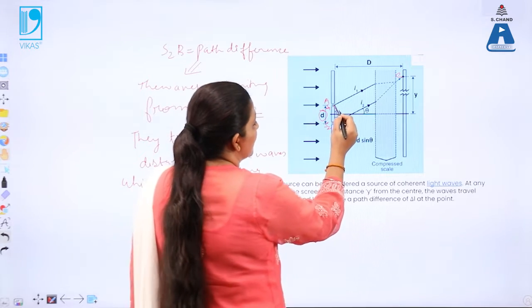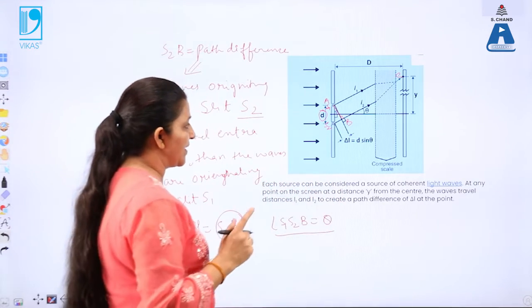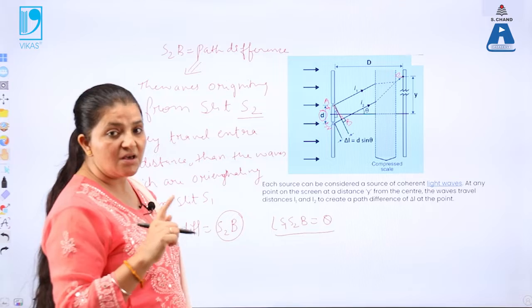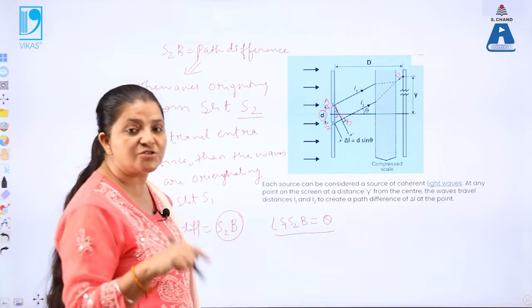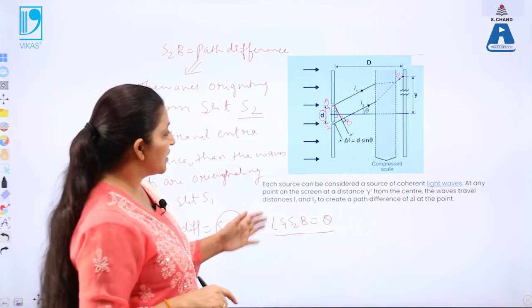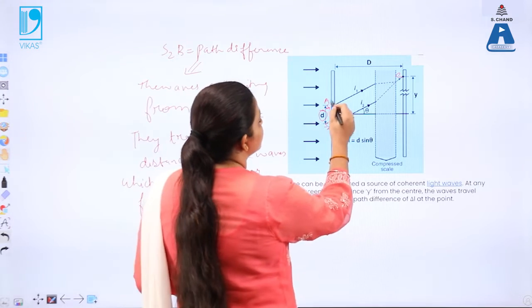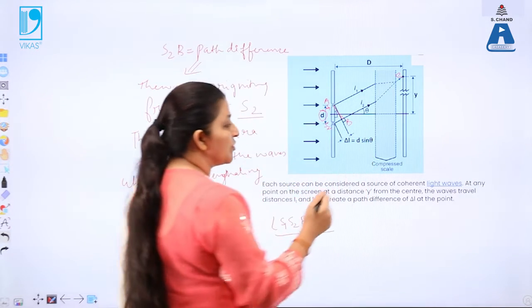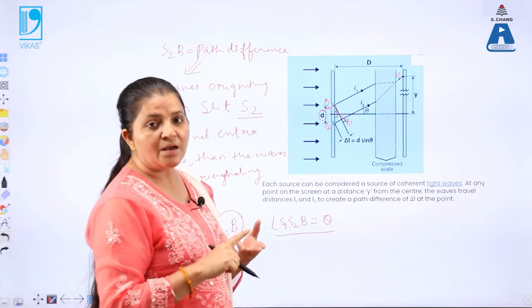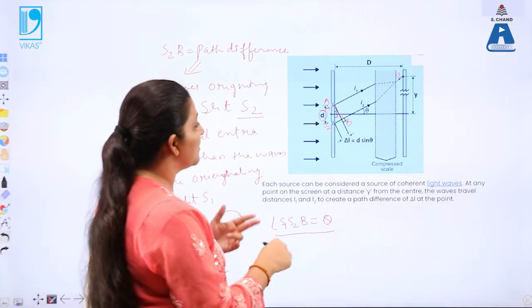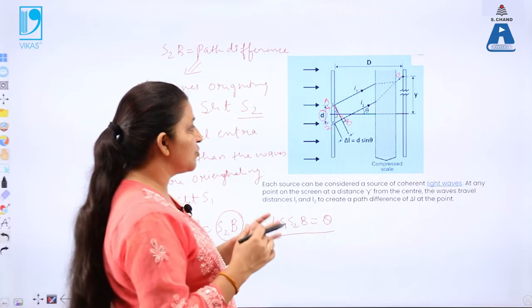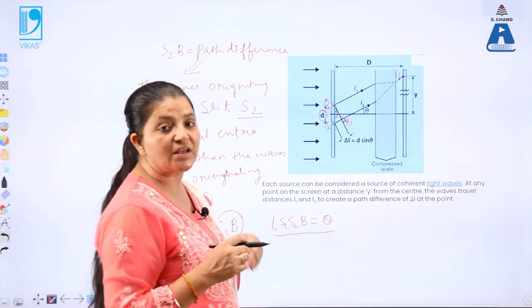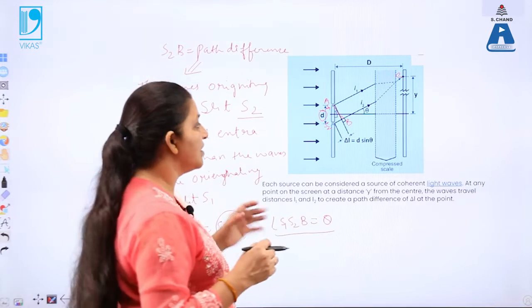This implies that with the path difference, there exists a phase difference between the waves also. So on the screen there is one central maxima, then minima, then maxima and minima. So primary maxima and secondary maximas get formed on the screen.